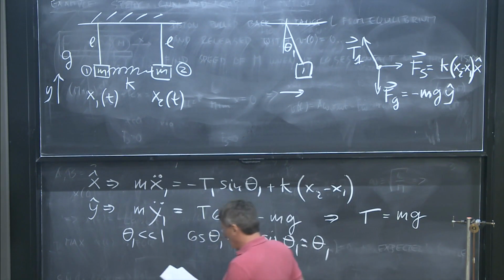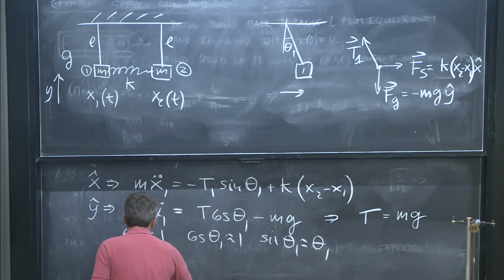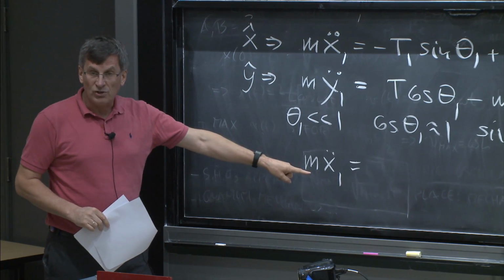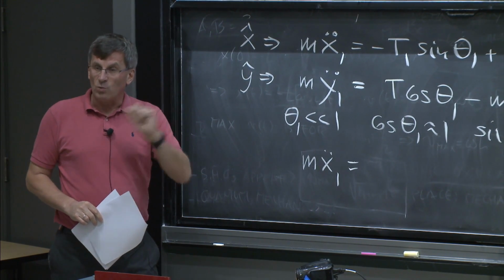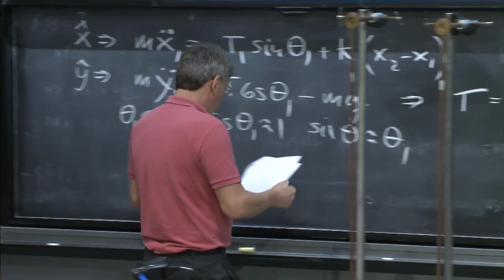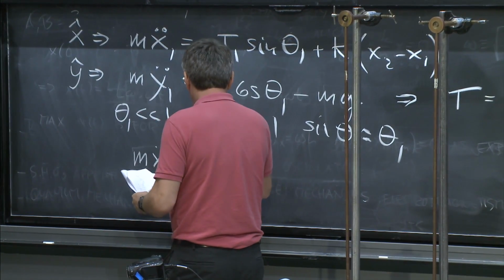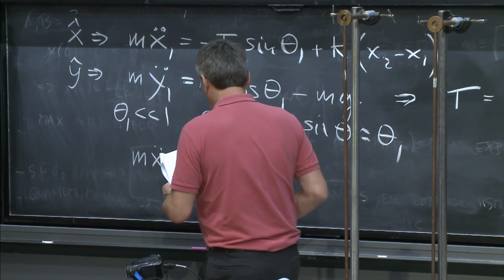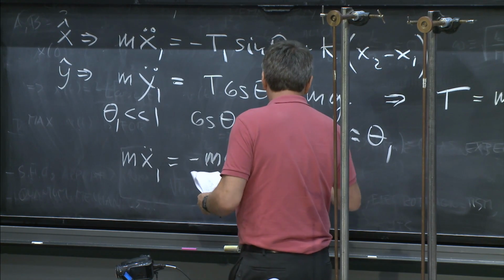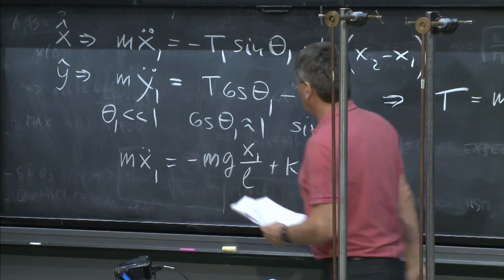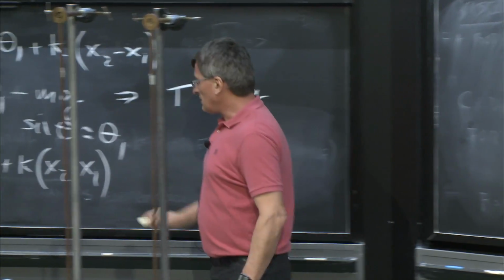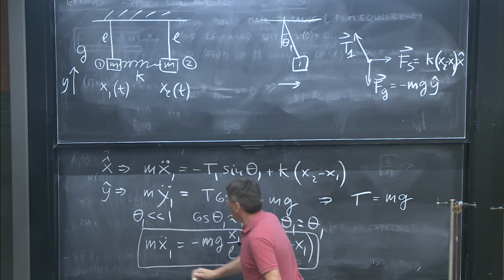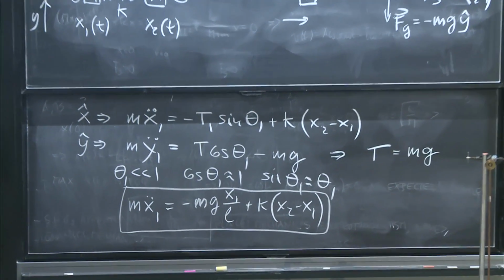Net result, by simplifying things, I can write down the equation for acceleration in the horizontal direction for mass 1 as minus mg x1 over L plus k times x2 minus x1. Okay? So this is the equation of motion for mass 1 in our coupled system.